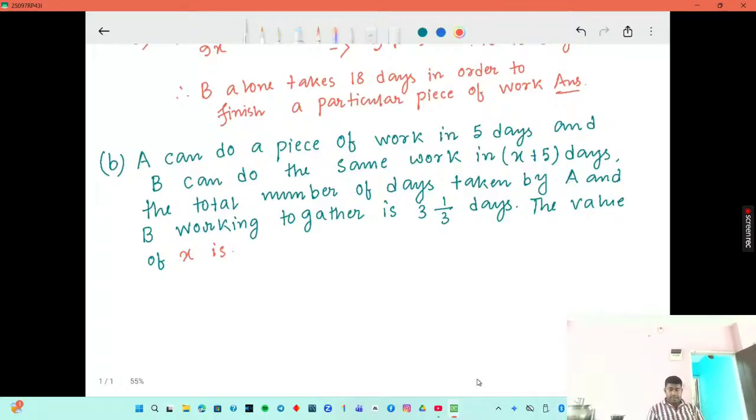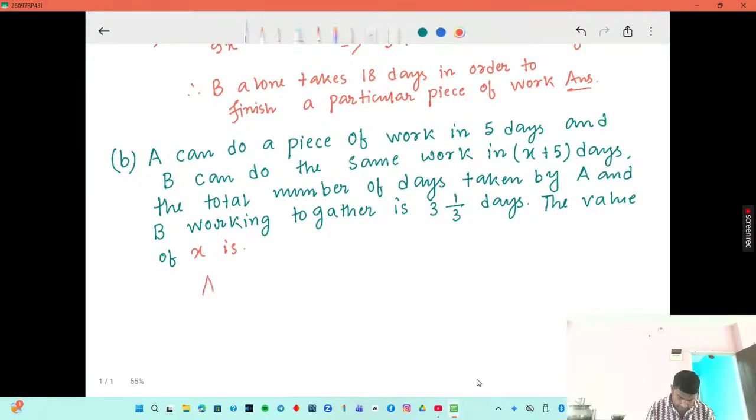Okay. So now we have to find the value of x. As A is taking 5 days to complete a piece of work, how much work can A do in 1 day? Can you answer me this question? How much work can A do in 1 day?